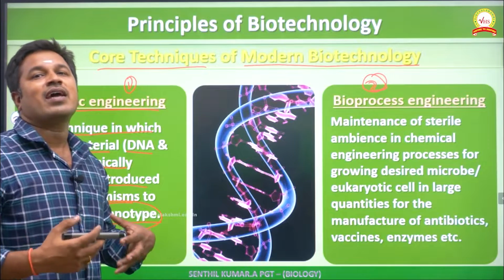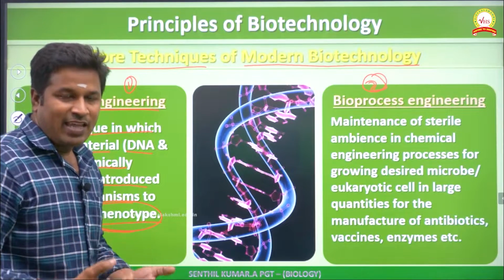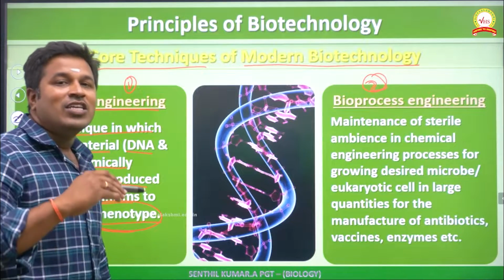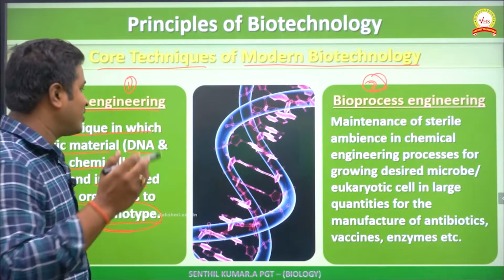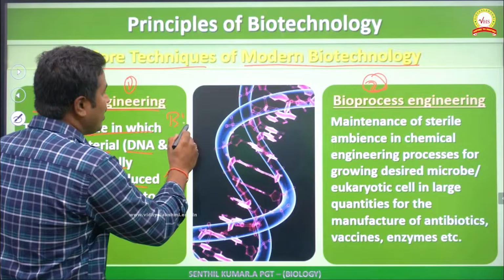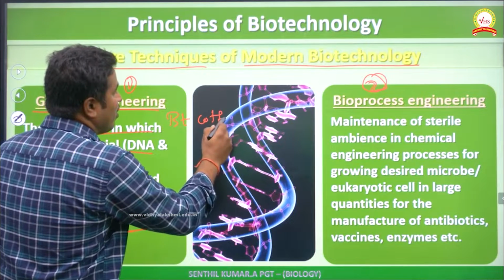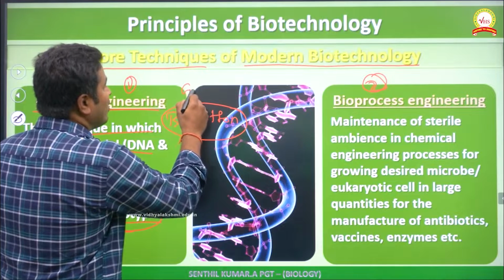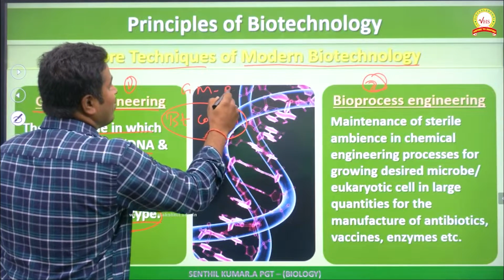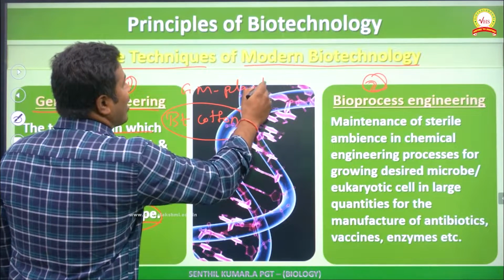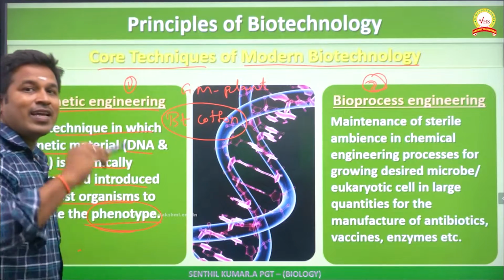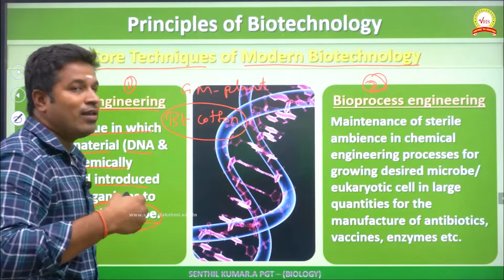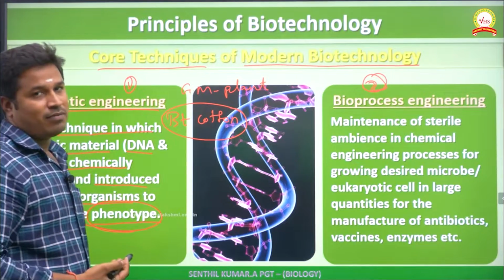Whatever phenotypic character we want to change, we can do with the help of the technique called genetic engineering. For example, we can take Bt cotton. This is a genetically modified plant, or transgenic plant as we say. That can be done by genetic engineering. In detail we are going to deal with it in the upcoming videos.